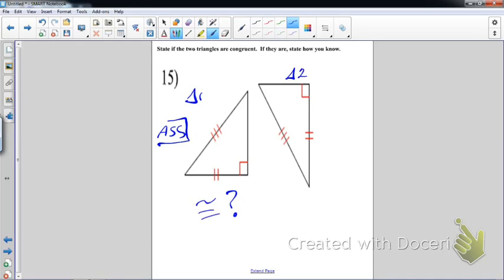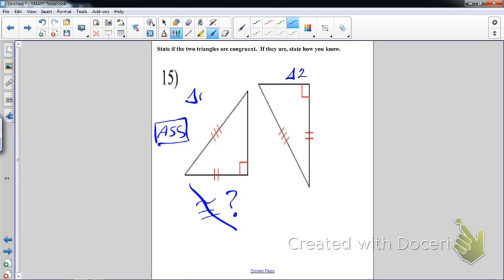By looking at the way I have done this, I already know for a fact that these are not congruent, because of what's being given to me. What I have here is ASS, and we don't have ASS in geometry. Remember that we talked about this.